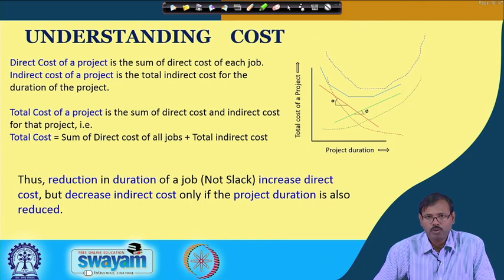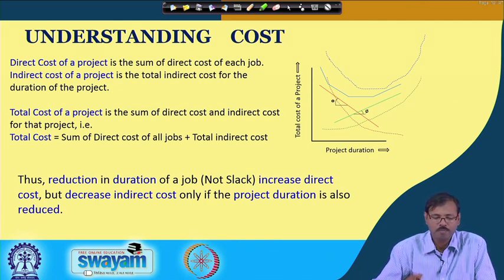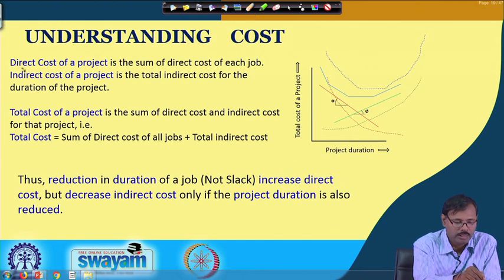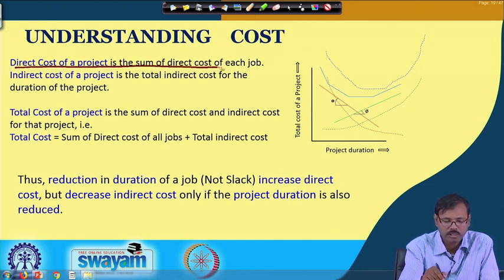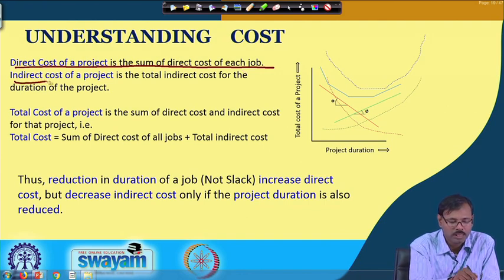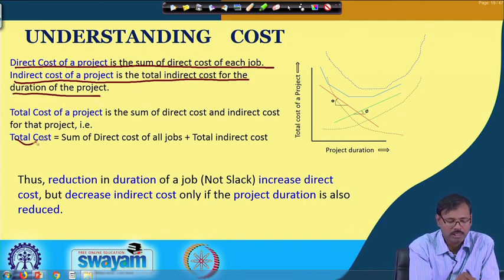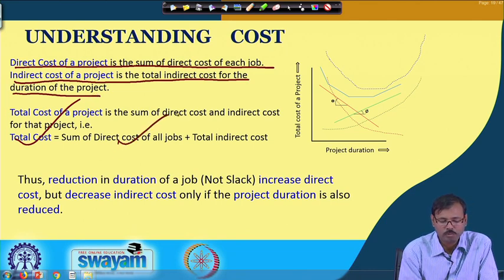Now if we calculate the total cost with time, we may see a trend like this, where the direct cost of a project is the sum of the direct costs of each job, the indirect cost of a project is the total indirect cost over the duration of the project, and the total cost is the sum of the direct costs of all jobs and the total indirect cost.